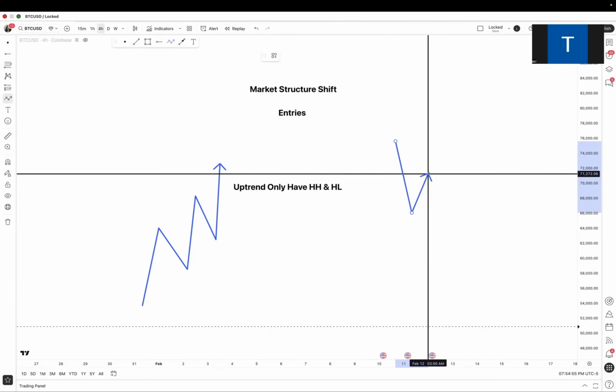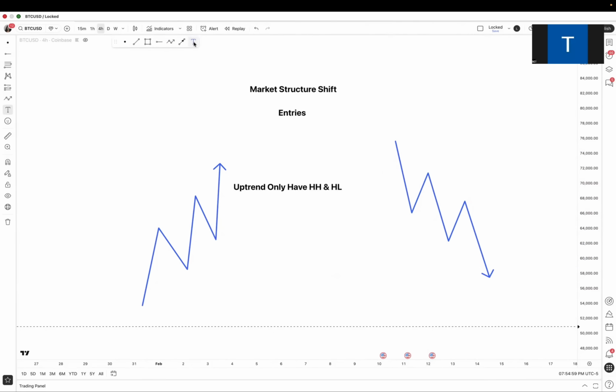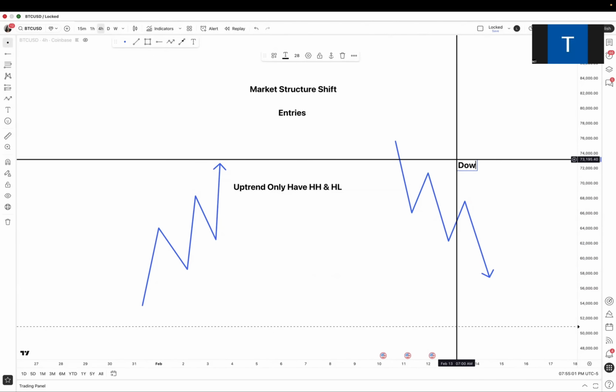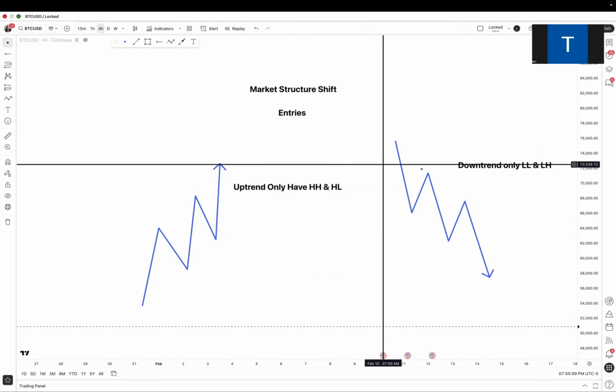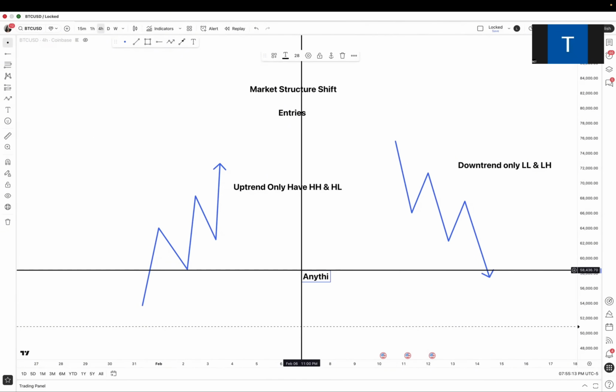A downtrend only has lower lows and lower highs. Anything that breaks these rules means that it is not a trend, right? So a downtrend is only lower lows, lower highs, right? Only that. So once again, anything that breaks this is not a trend.